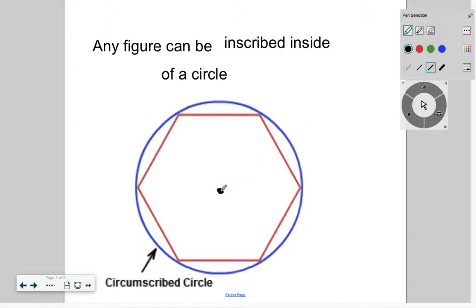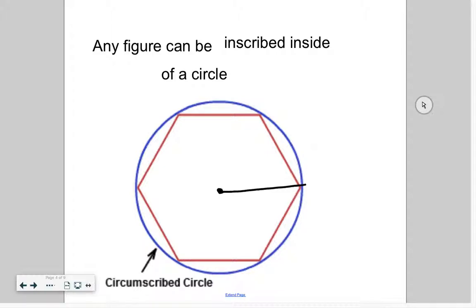Hopefully you've heard of this term. If not, we're going to refresh real quick. If I draw a line from the center to that circle, it's called a radius. Hopefully you've heard of that before. Now, if I were to draw from the center to this angle or this vertex here, it's called the radius of the polygon. So, newsflash, polygons can have radii too.